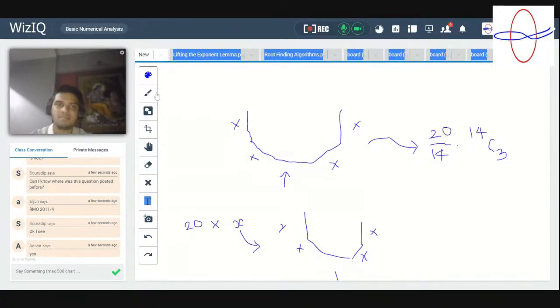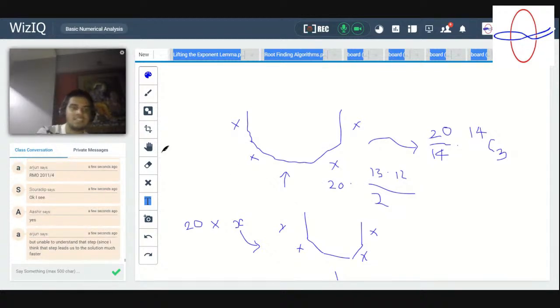It will be something like 13 into 12 by 2. This can be counted, and then since the first side can be chosen in 20 ways, you multiply this by 20, and it's a pretty simple question that way.